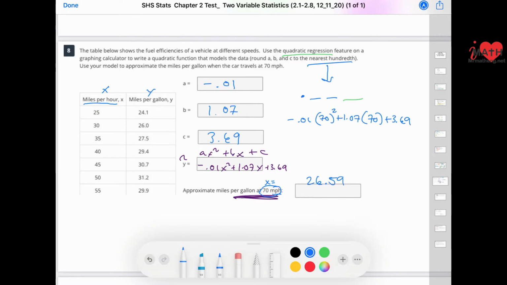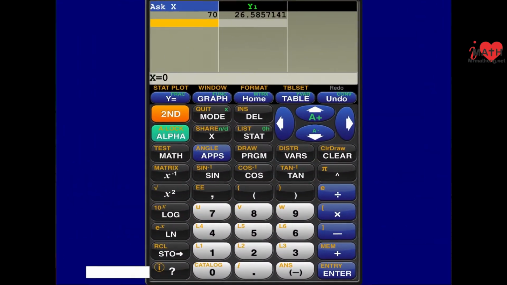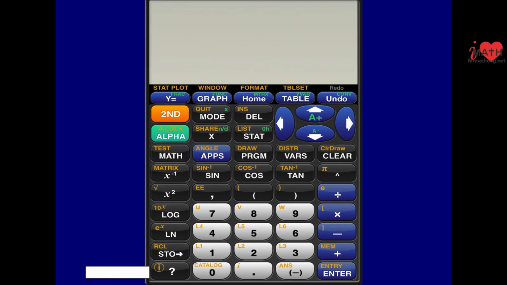So I'm going to square it first. You could try putting all that into the calculator. Let's just try it. I know it works. So let me show you. Remember, what's the difference between that number and the answer I think it is? It's that we're rounding.